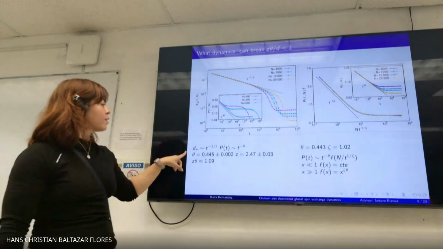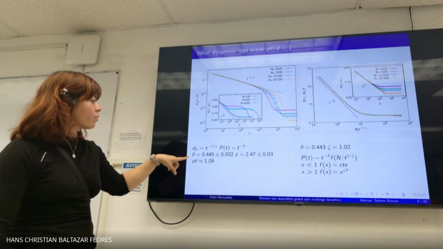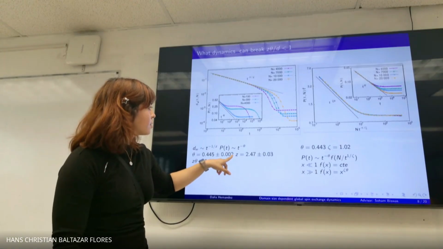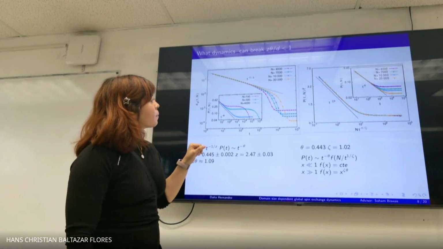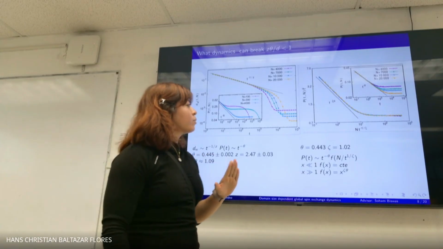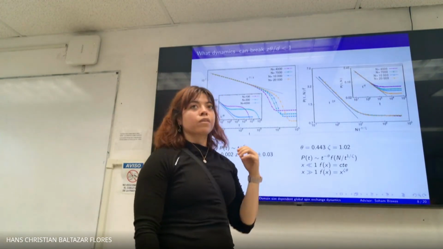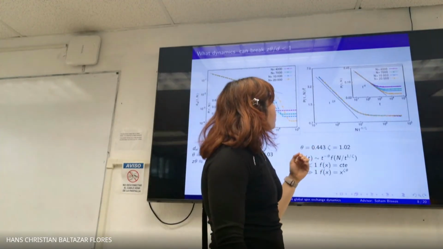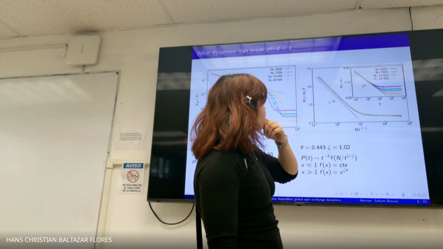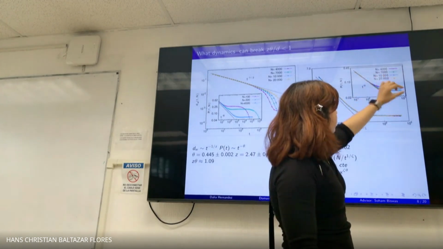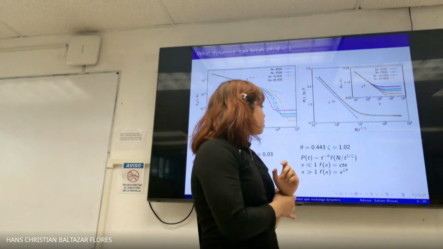Well, we found that the persistence decays with exponent theta equal to 0.445 and z is 2.47. Now, there is an indirect way to get the correlation length for the persistent sites. The distance between the persistence probability curves has some information on the correlation length.